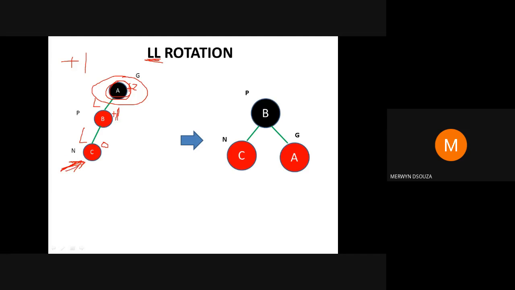Because we inserted this node in the left and left with respect to A, we call it an LL rotation. The way we solve it is by rotating like this. A will come as the right child, B will come as the parent, and C will be the left child.